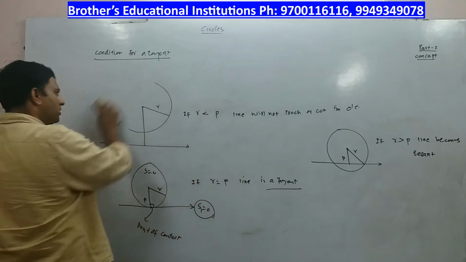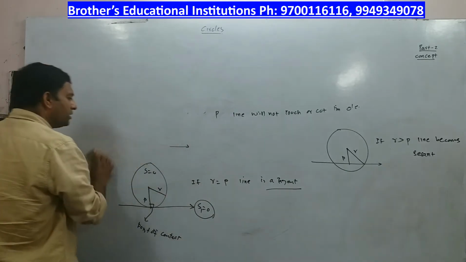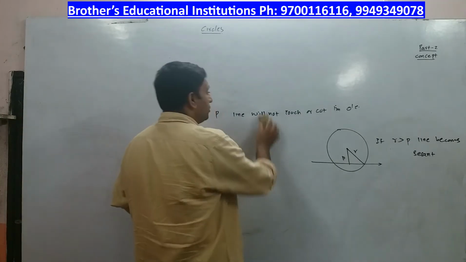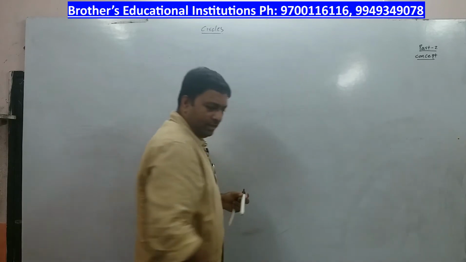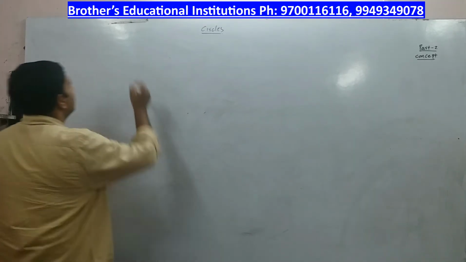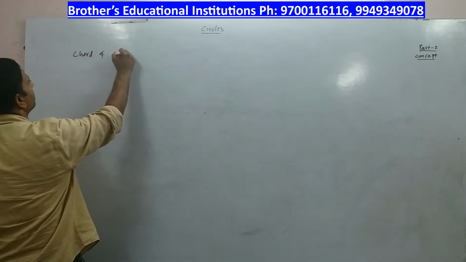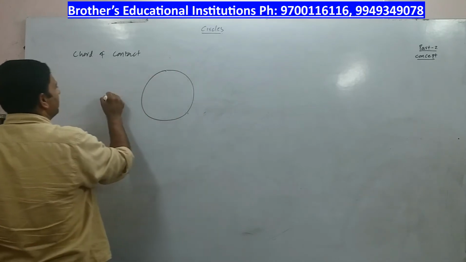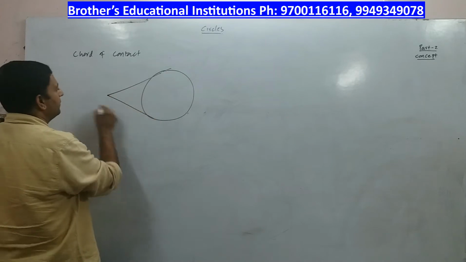You may pause the video and copy down, and now we will go for the new concept called chord of contact. So what do you mean by chord of contact? Let me explain to you. See, chord of contact. From a point P, now that point has to be an external point.